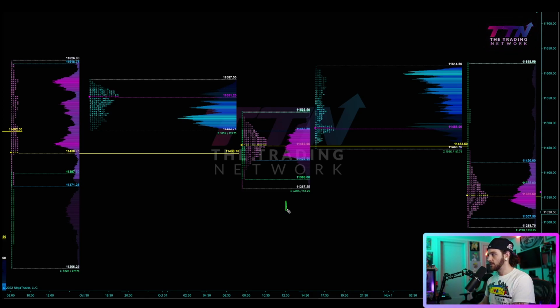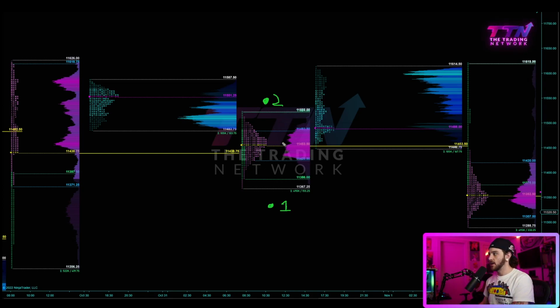So position 1 is below range and value. You can see this is the entire regular trading hour session. If we open down here, we are opening below the entire range, and by relation to that, below range and value. That is gap down. We can open gap up, which is entirely above the prior range and value area.